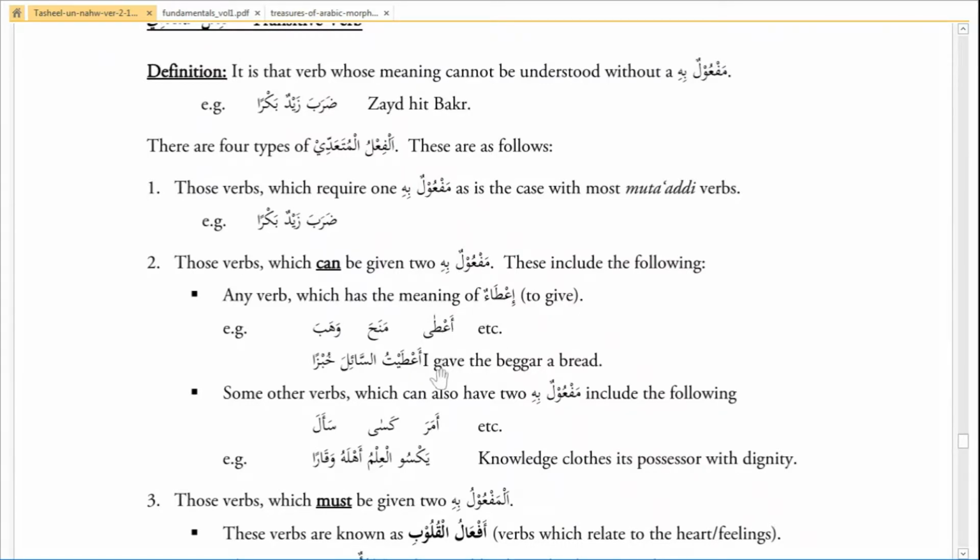For example, أعطيت السائل خبزا. أعطيت, I gave. السائل, the beggar. خبزا, a bread. So السائل is a maf'ul and خبزا is a maf'ul. You see, maf'ul gets fatha, so both have fatha.